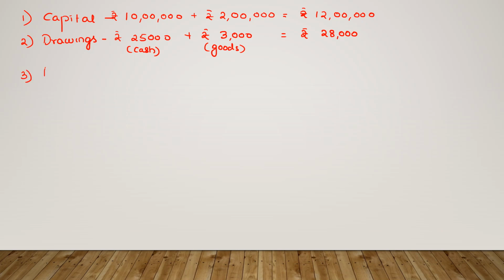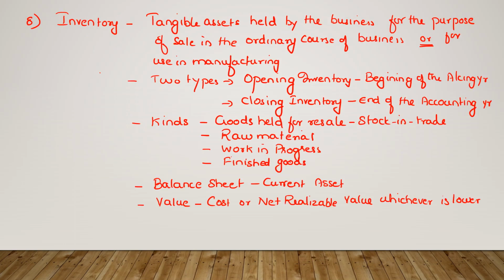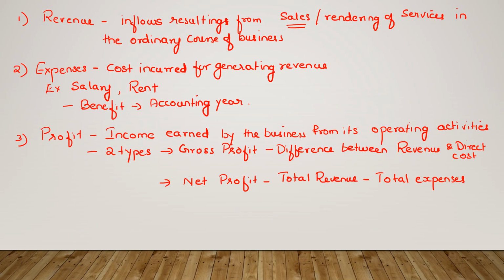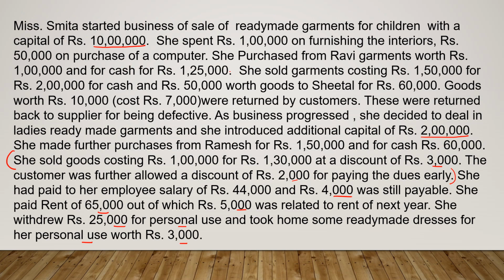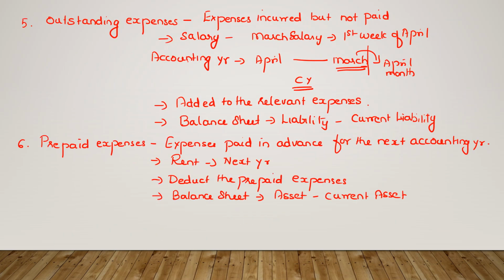Moving further, let us understand what assets would appear in her balance sheet. We find that she spent 1 lakh on furnishing the interiors, which is the furniture and fittings, and 50,000 on computers.